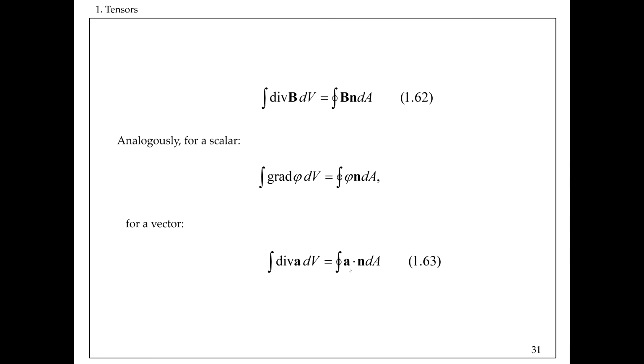On the surface it also will be a scalar, a dot product between the vector value on that surface with n, and we do this point by point and integrate all these values over the surface, and that will be the result.